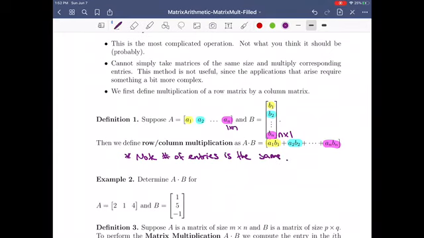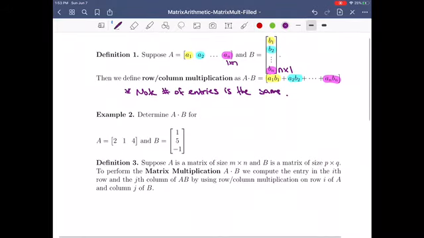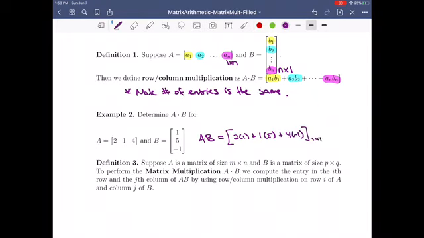So let's do an example. If these are our two matrices, A and B, then A times B is going to be 2 times 1 plus 1 times 5 plus 4 times negative 1. And what we're going to get is a 1 by 1 matrix. So it's just a number.